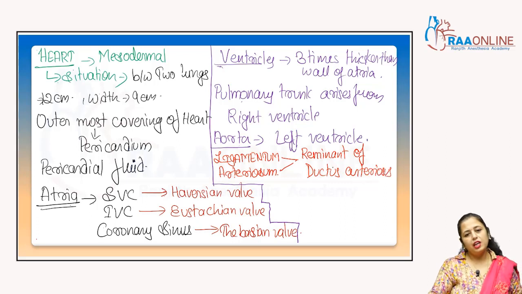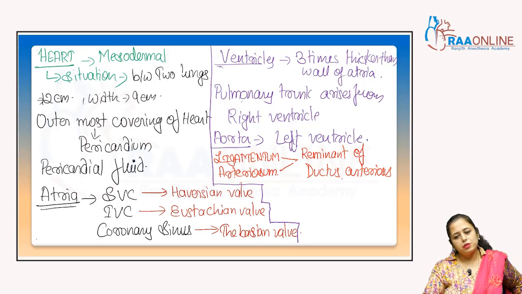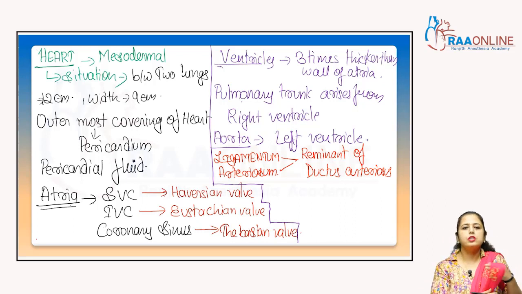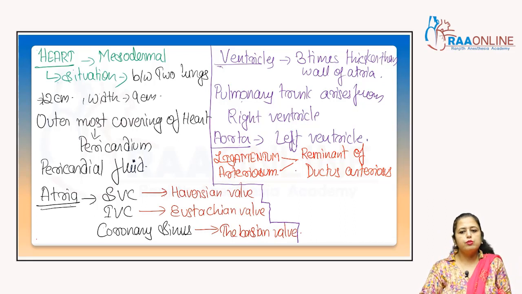In the fetus body, ductus arteriosus is present, and just before the birth that opening is closed, and the remnant is here, which is known as the ligamentum arteriosum. So we can memorize it like that: ductus arteriosus is present in the fetus and ligamentum arteriosum is found in adults as a remnant of the ductus arteriosus, right?